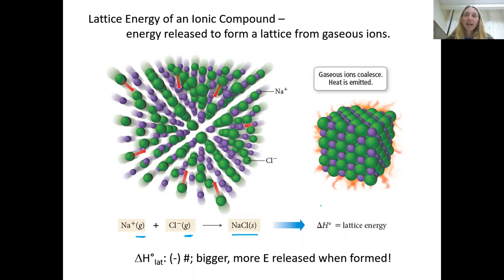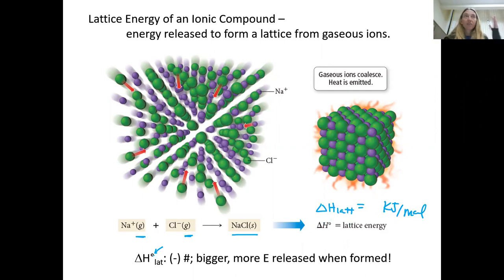And so you'll see that as delta H lat a lot of times. Okay, and that's in kilojoules per mole. And remember, this little knot right there is under standard conditions.